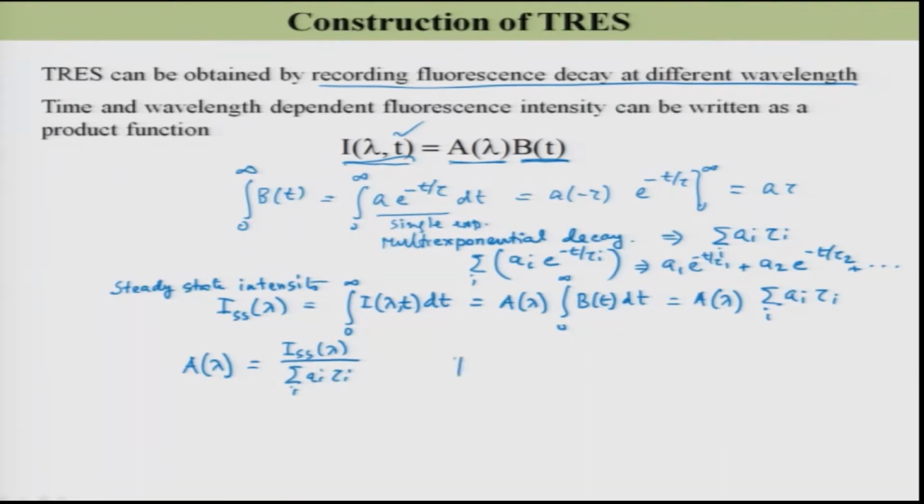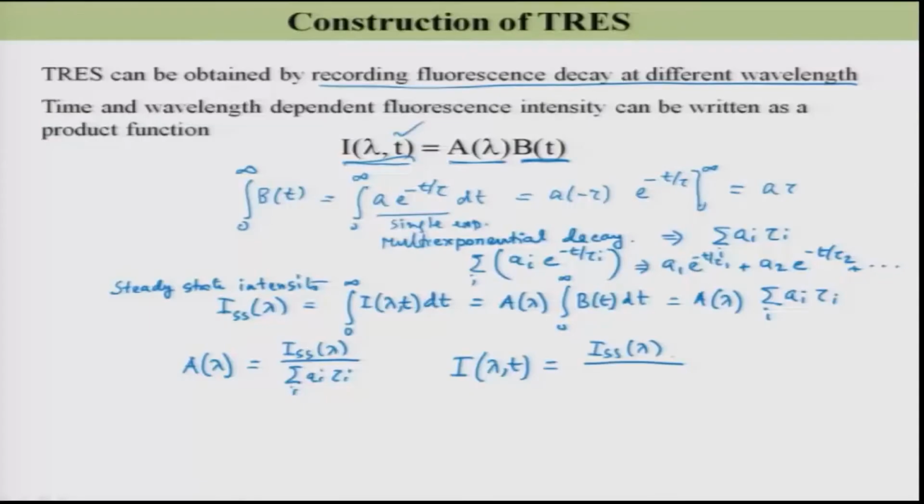So, from here what I can write is I, which is a function of lambda and t, is equal to I steady state for this particular lambda, right. For different lambda, I have to do the same thing again and again. So, this is equal to I_SS divided by sum over i a_i tau_i, into sum over i a_i e to the power minus t by tau_i, right.